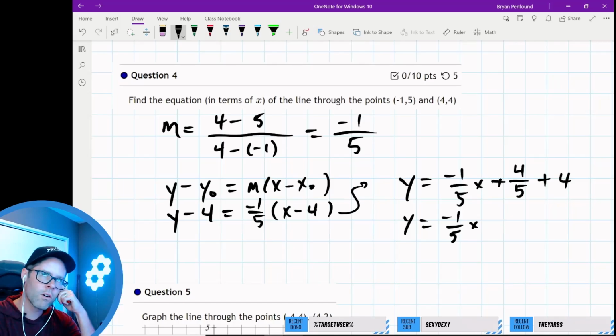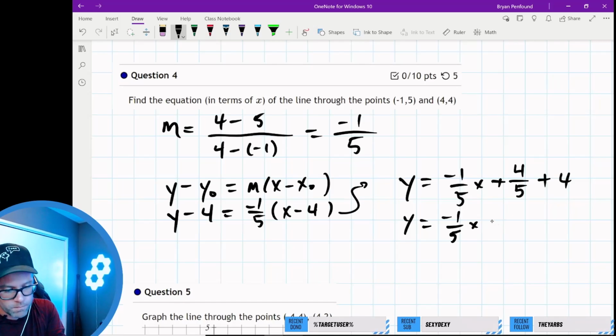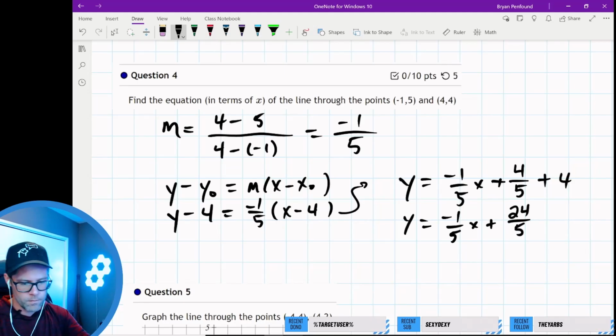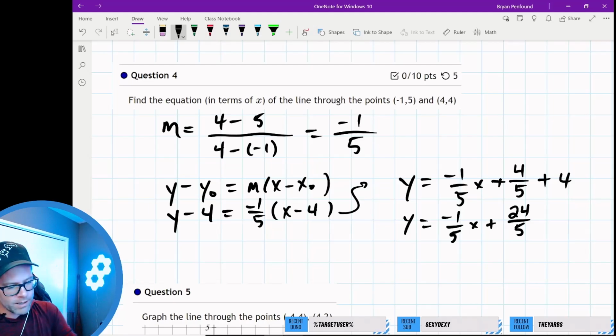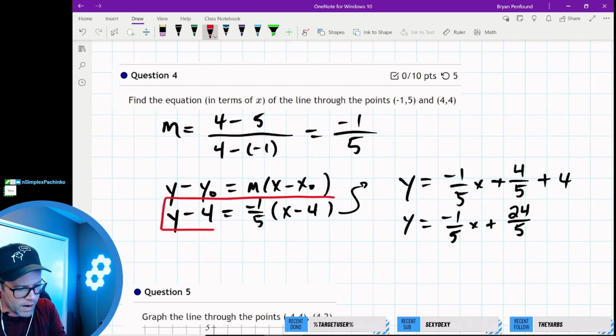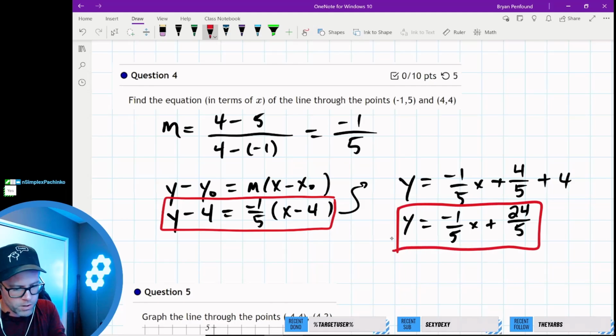So 4 and 4/5, so 24/5. Is that right? So 4 is equal to 20 over 5, and we need to add 4 more to it. I think that's okay. So here it is. I think both of these are probably okay, but look at the directions that are given to you. This is what we call point-slope form. This is mx plus b form, but they're the same line.